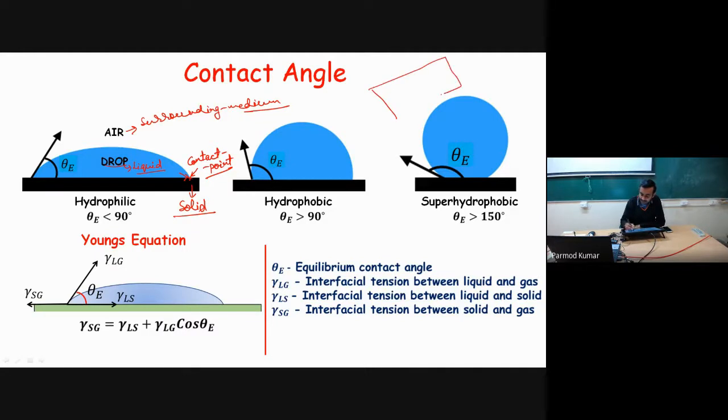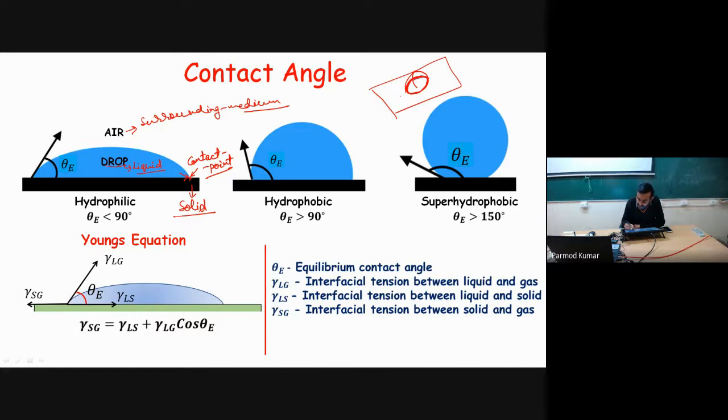If you take the three-dimensional representation of this phenomenon, we will have a solid surface like this, and over it this drop resting like this. When this drop is resting, we will find some circular circumference, and across this circumference we have the contact of solid, liquid, as well as the gaseous medium, or three phases.